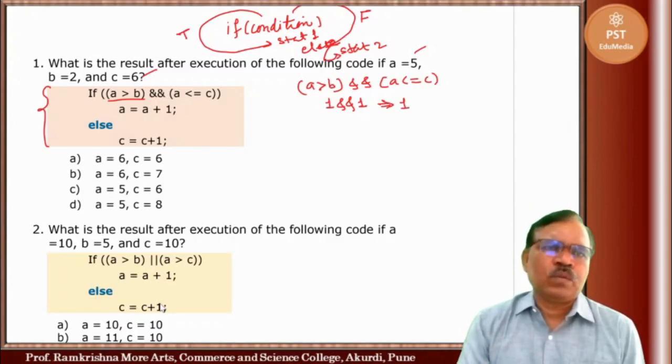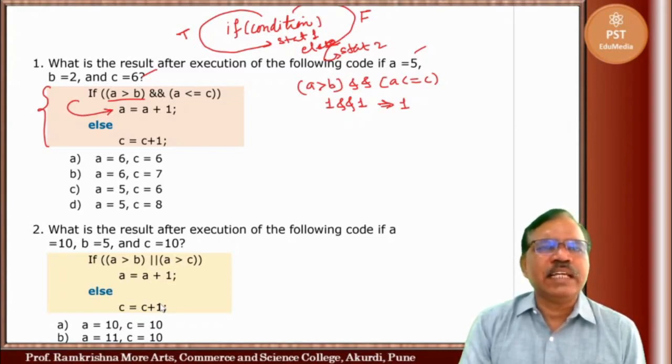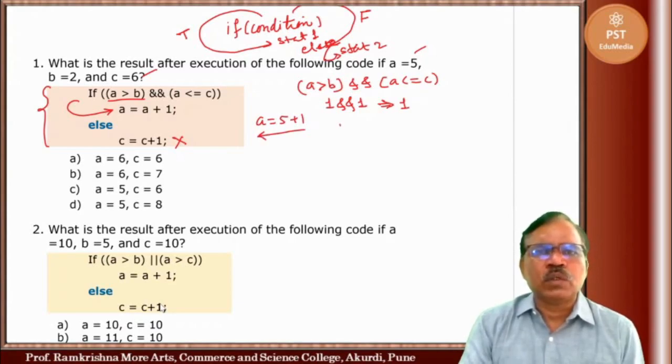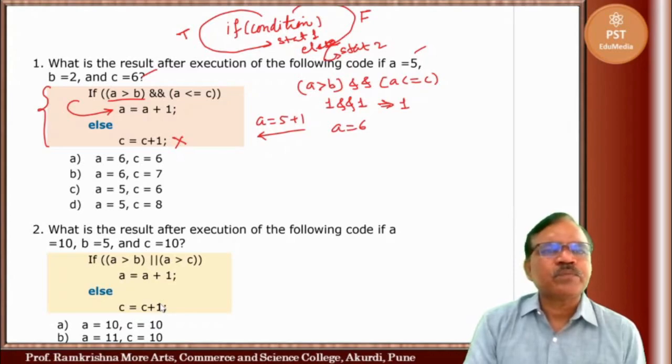What does that mean? The condition is true. Condition is true means this one is executed, while this is ignored. So what happens? A is equal to A plus 1. A is 5, so A is equal to 5 plus 1. The statement is executed from right to left, so A will become 6.